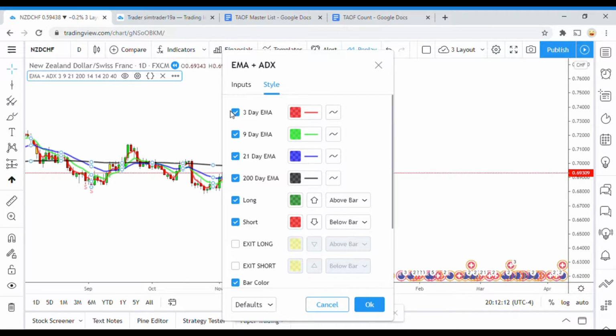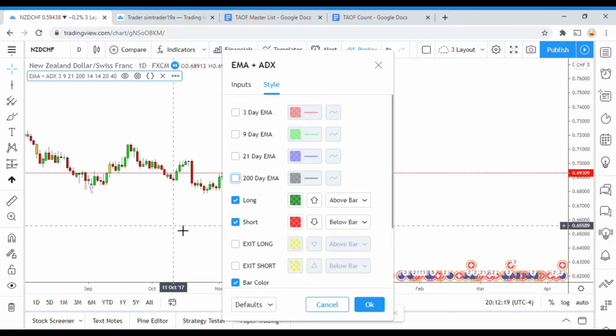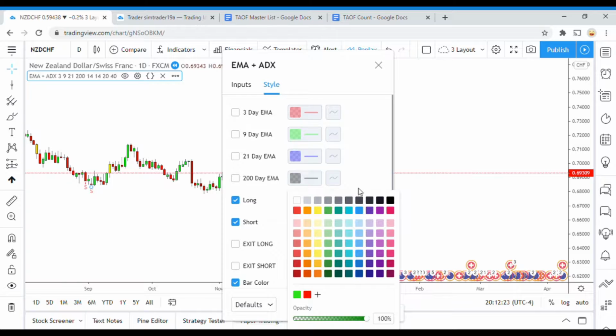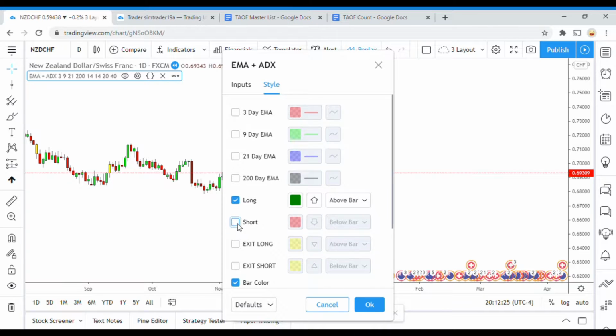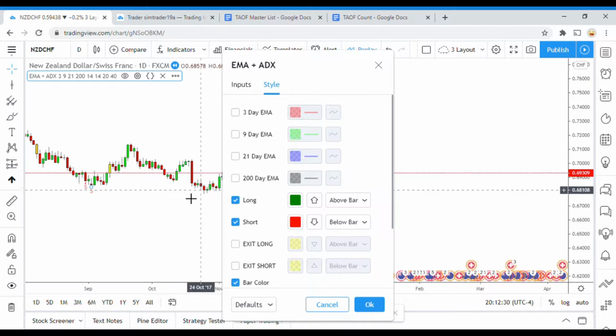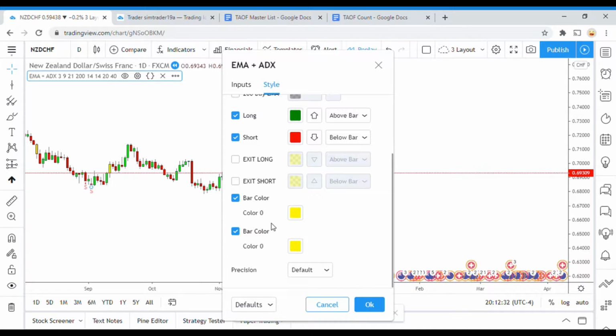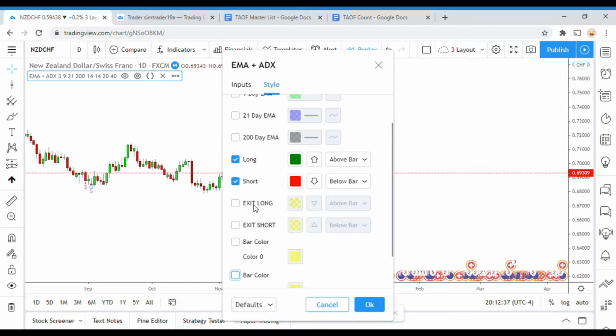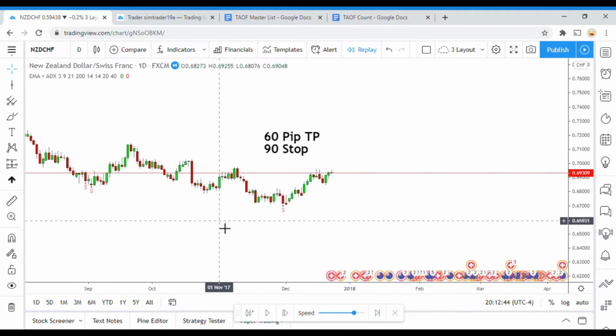Now, one thing I am going to do here is hide the EMAs. There's really no reason to have them on the chart. I'm going to bump up the... I don't think it did much. That's alright. I'm going to take out the bar colors because it actually has an exit for either long or short built into this as well.